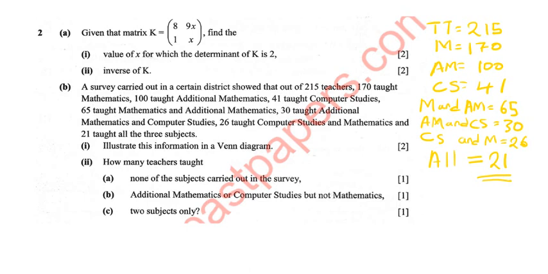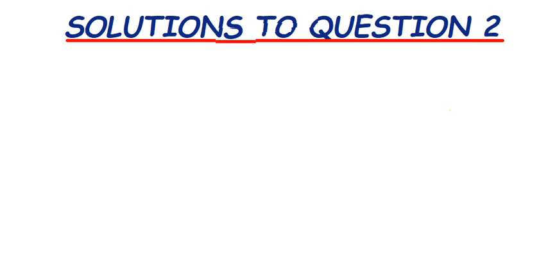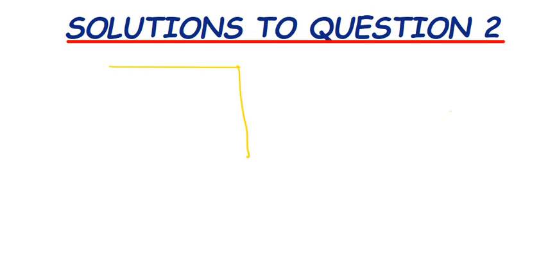Now, since we have this data, the question has said to illustrate this information in a Venn diagram. So when we go on, our Venn diagram can be like this, like that.